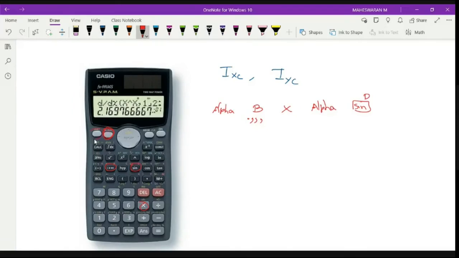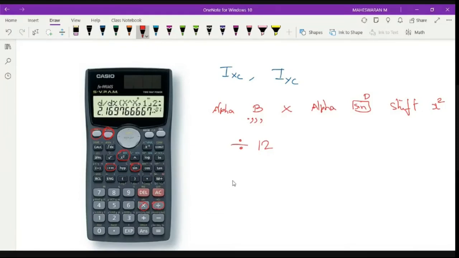Then you have to press shift, then the X square button, because you have X cube at the top in yellow color. You have to press it accordingly. Now I put the divide symbol, put 12.